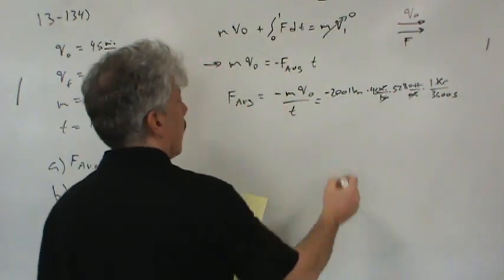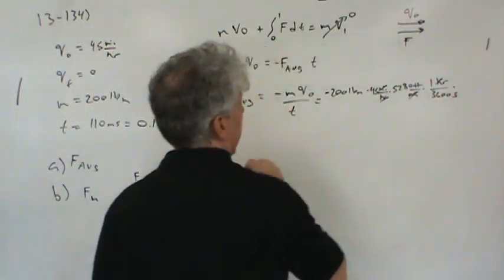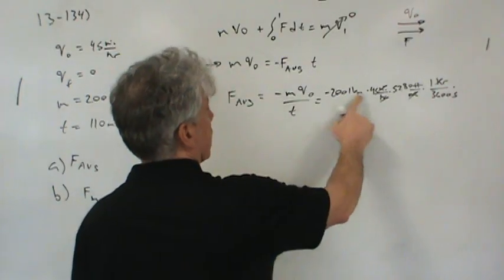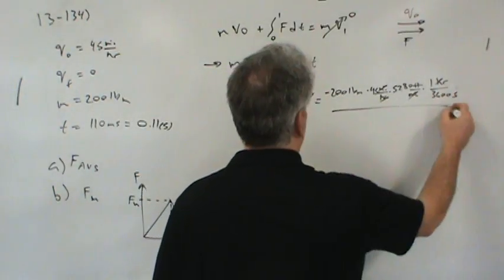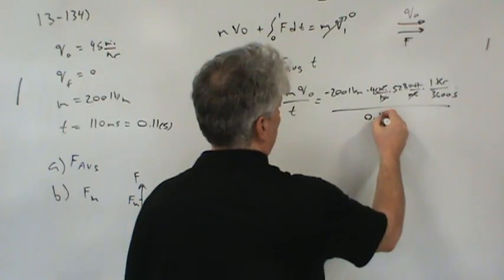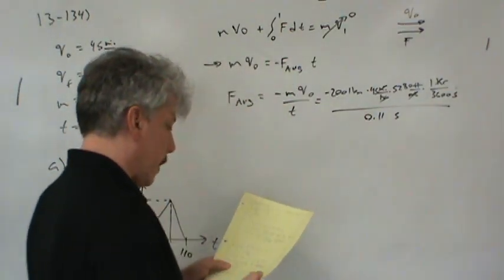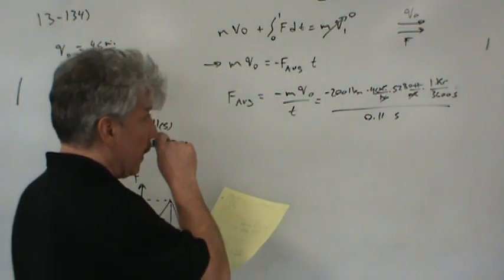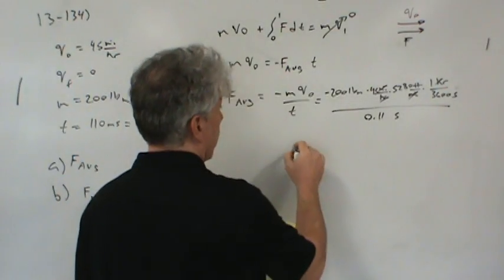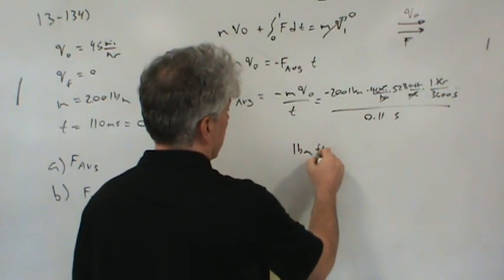That's the mass and velocity, divided by time, which is 0.11 seconds. Notice that the units we'll get are pound mass, feet per second squared.